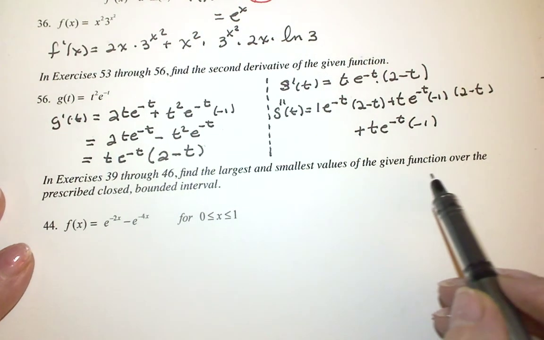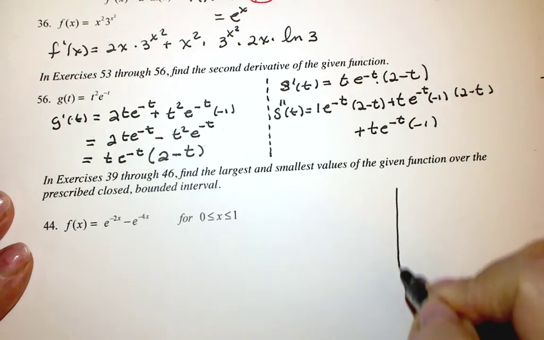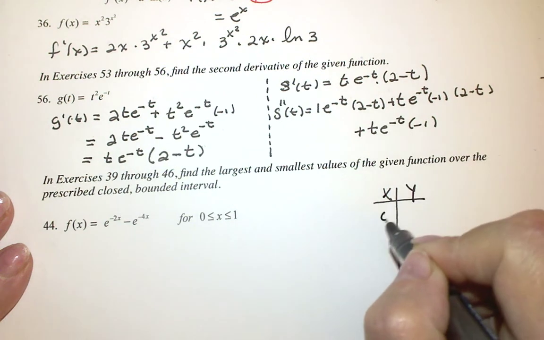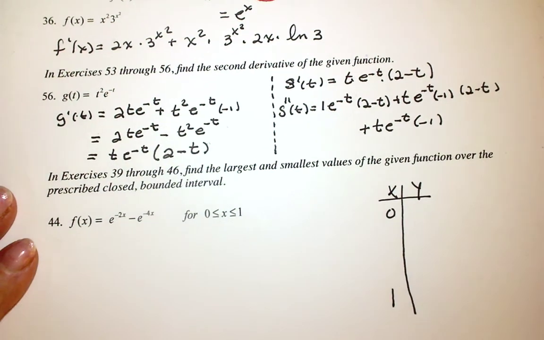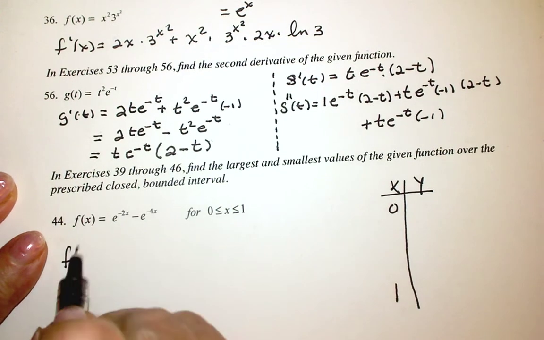Find the largest and smallest values of the given function over the bounded interval. So that says first thing I need is a T-bar chart. Leave room for critical numbers. So I need to take the derivative to find the critical numbers.